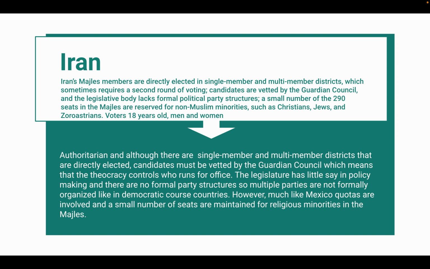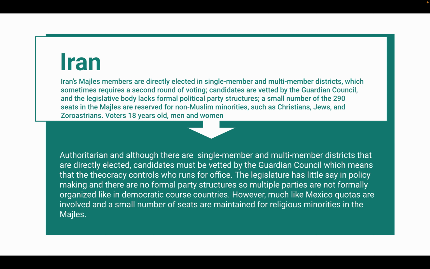So Iran, again, authoritarian, and although there are single-member and multi-member districts that are directly elected, candidates have to be vetted by the Guardian Council, which means that the theocracy controls who actually runs for office, which ultimately means that the theocracy is the part of the state that has the most political control and control over policymaking.